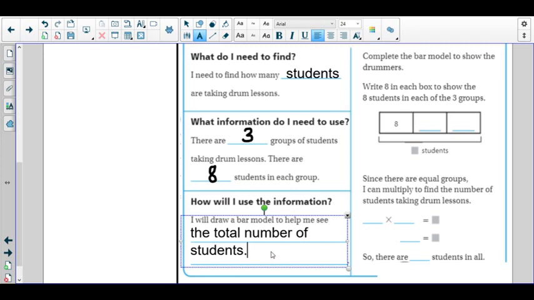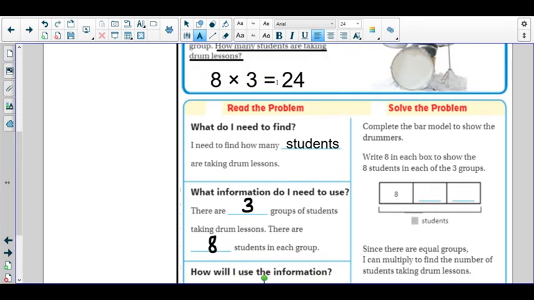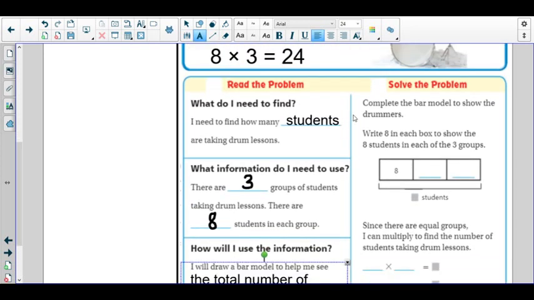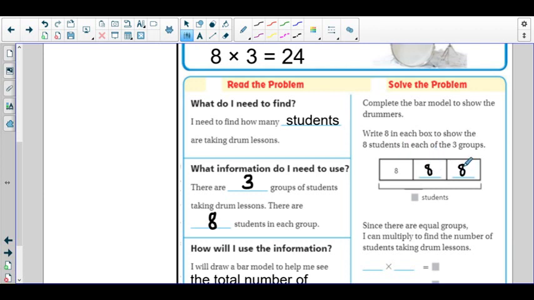All right. And because we already know how many we have up here, it'll be kind of easier to see this. So complete the bar model. Write 8 in each of the boxes. So we had 3 groups of 8. So here's group 1, 2, and 3, and each one had 8 students. Okay.